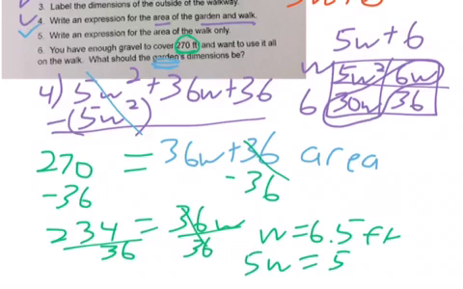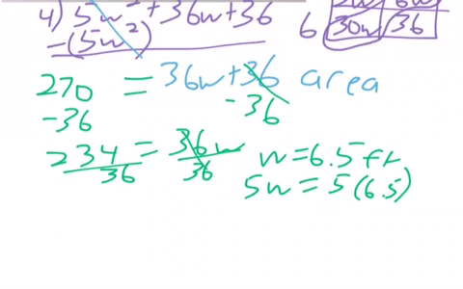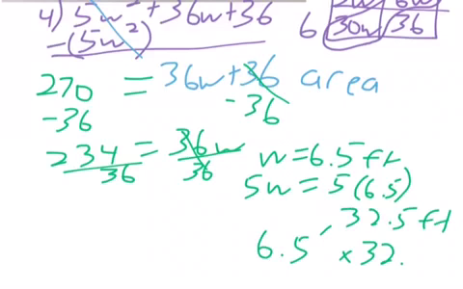So 5 times 6.5 should give us 32.5 feet. So our two dimensions are 6.5 feet by 32.5 feet. And that's all there is to it.